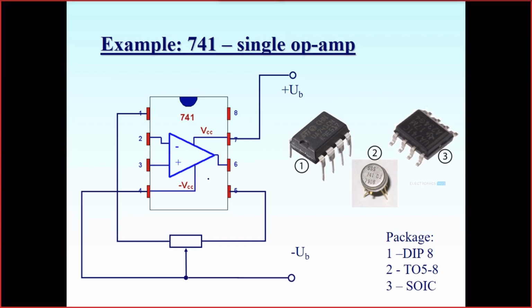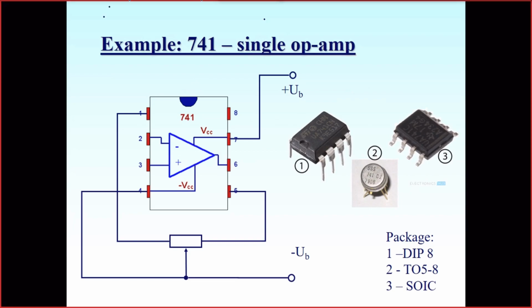Also there is a 742, I guess, a dual chip with two operational amplifiers, and you can even find a quad operational amplifier, a chip where four similar op-amps are placed. This is a particular example of the 741. It's a general purpose amplifier that can still be used.